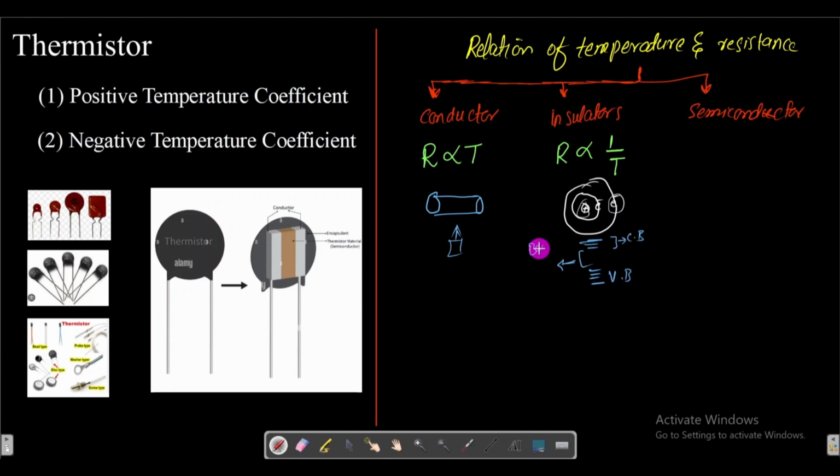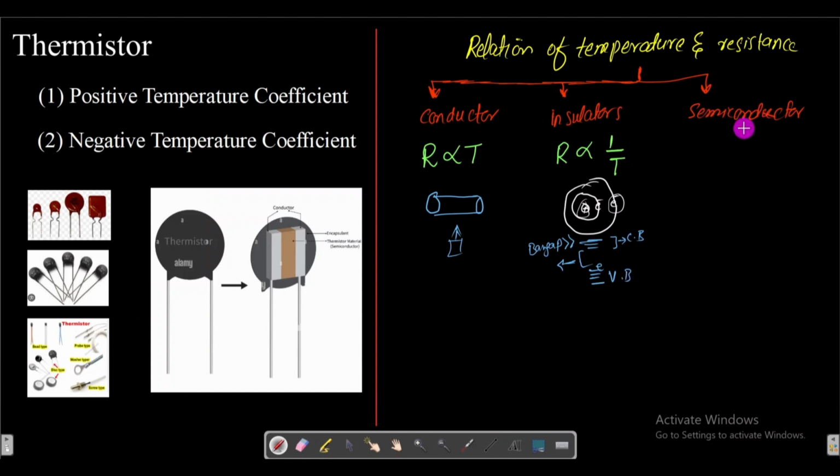In the case of an insulator, that band gap is very high. The electrons are mostly present in this valence band. They do not jump to the conduction band. So the resistance in such material will be high.